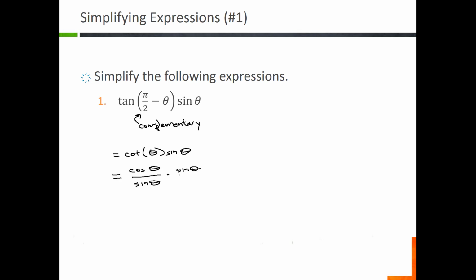And if you want to make it a fraction also, just put it over a 1. Well, I have a sine in the top and a sine in the denominator, and those are both just going to divide out and cancel. And so all we're left with is the cosine of theta. So this tangent of pi over 2 minus theta times sine of theta turns out to just be equal to cosine of theta. So it's a nice, easy little simplification there.